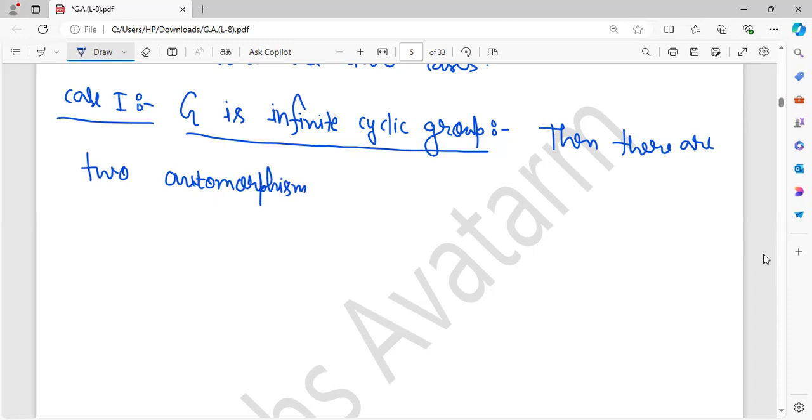One is the identity map, and another is f.